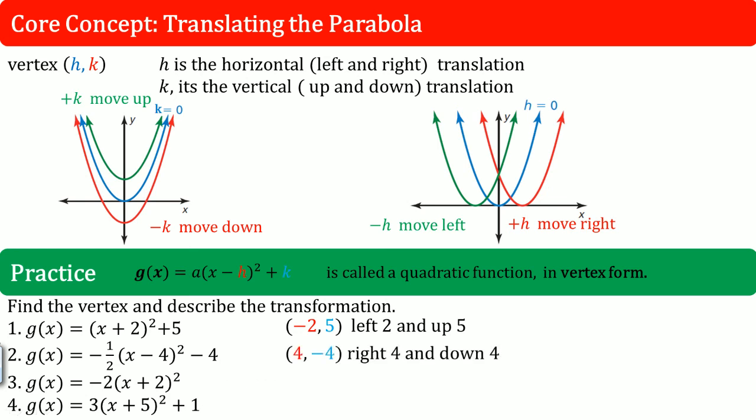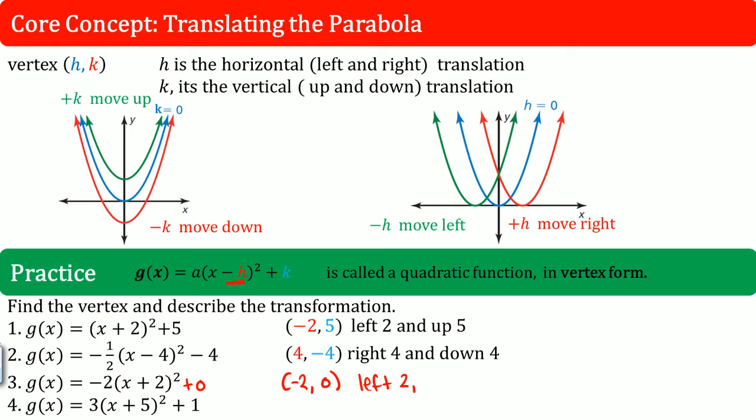Next one, let's take a look. Here it's a plus 2. Remember, in vertex form it has to be minus h. Okay, so the h here is going to be a negative 2. And the k here, you don't see it, but it's a 0. The negative 2 means left 2, and the 0 means that's it.